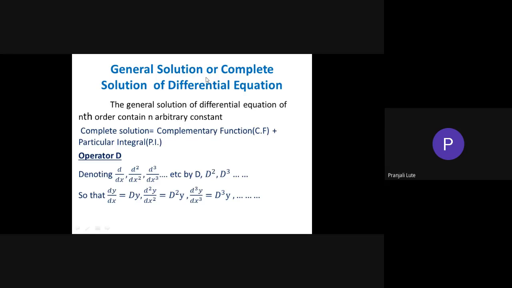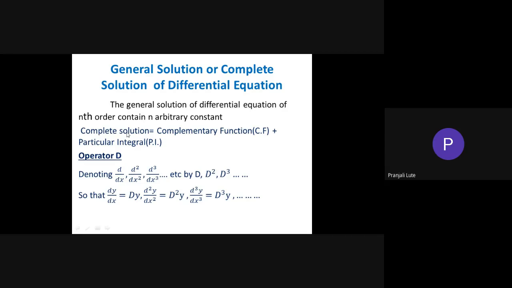Next is the general solution or complete solution of a differential equation. Every differential equation has a solution, but in a linear differential equation, the complete solution is equal to the complementary function plus the particular integral.